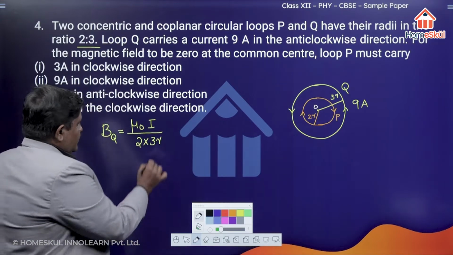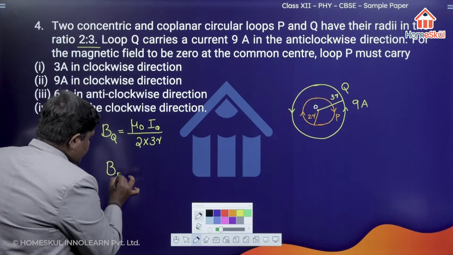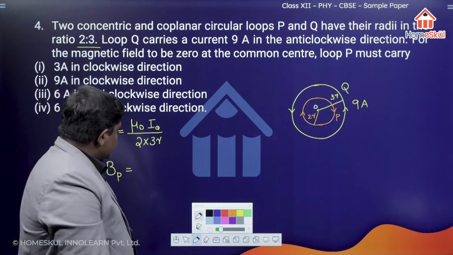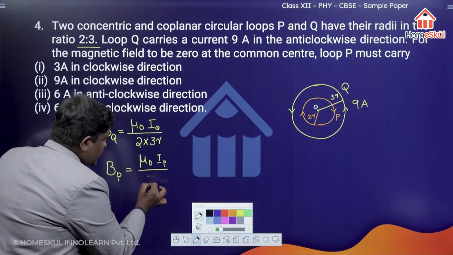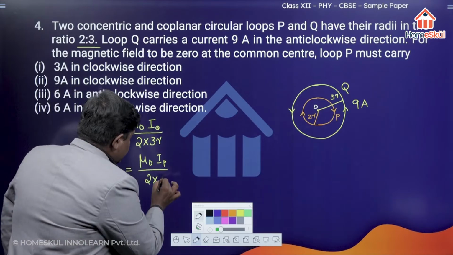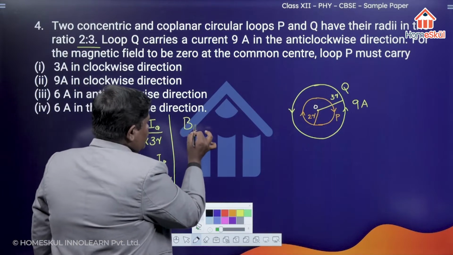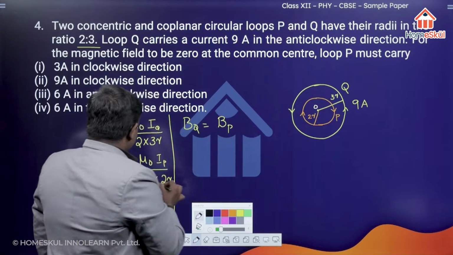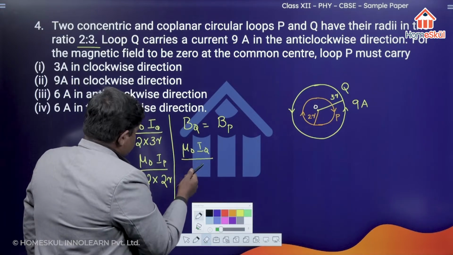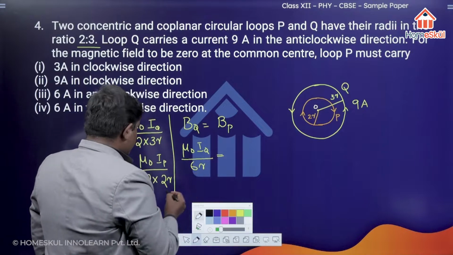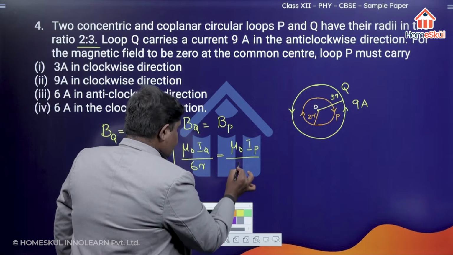Then for the loop P, we write B P equal to mu 0 I P by 2 into 2R. We equate these two, B Q equal to B P. Therefore, mu 0 I Q divided by 6R is equal to mu 0 I P divided by 4R.